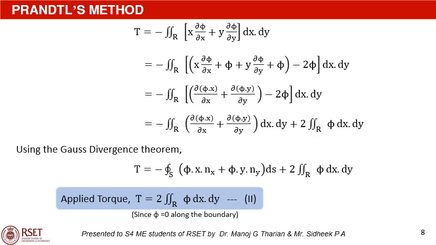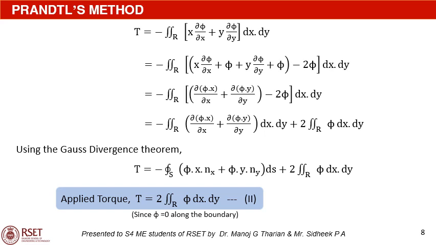Writing the stress components tau xz and tau yz in terms of the Prandtl stress function phi, the above equation becomes applied torque T is equal to minus double integral over the region R of (x ∂phi/∂x plus y ∂phi/∂y) dx dy.